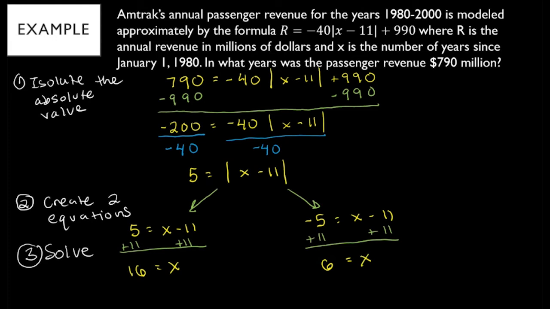So we have 2 years. And the X is the number of years since January 1st, 1980. So this is not like year 16 and year 6. These are how many years since 1980. So I would have to add 16 to 1980 and then add 6 to 1980 to get the 2 actual years, because that's what the question is asking for.